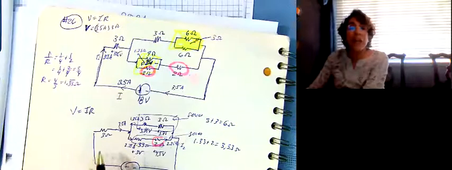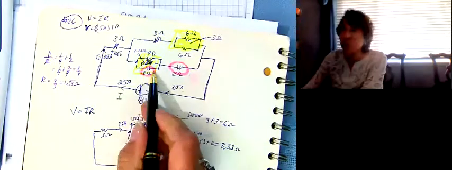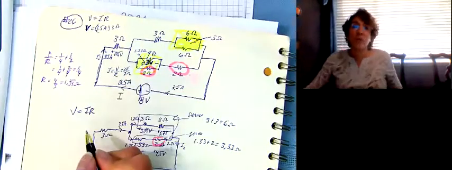If the voltage across the 2 ohms is 3 volts and the current is the voltage divided by the resistance, it's 3 volts divided by 2 ohms, which gives you 3/2 or 1.5. So the current going through here is 1.5 amps.